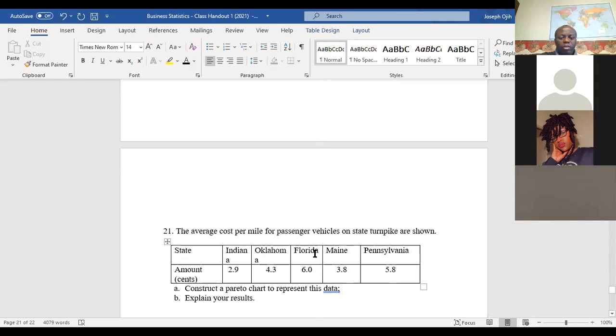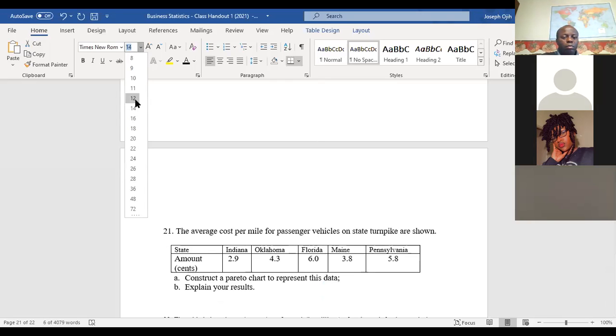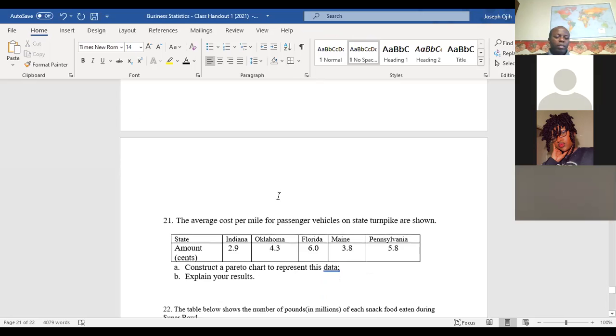So we can see the various states here: Pennsylvania, Maine, Indiana, Oklahoma, then Florida. So you construct a Pareto chart using these values, and then interpret your results. Okay, good. I think we got it now.